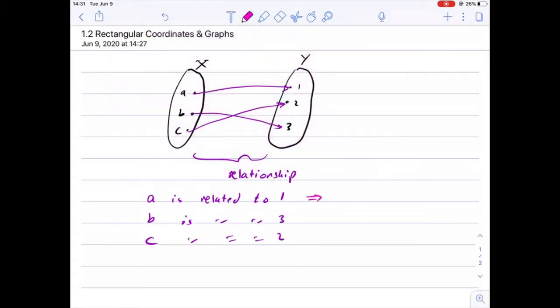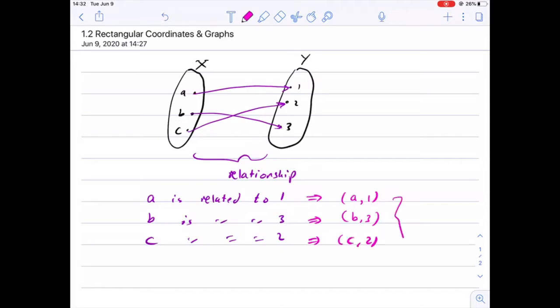So this can be written as (a, 1). (a, 1) means an ordered pair that consists of a and 1. A is related to 1, and b is related to 3, which means we can write (b, 3). Also, c is related to 2.